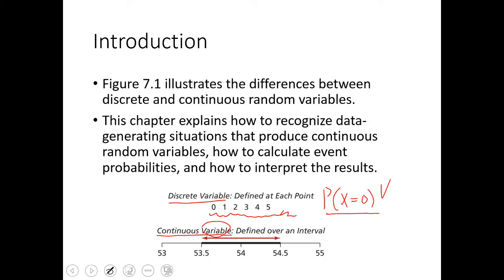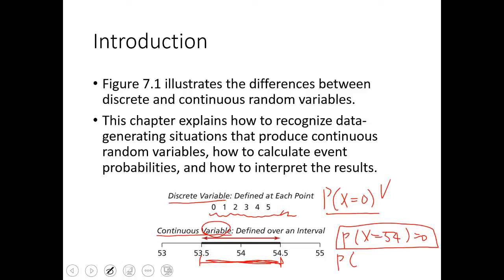But in a continuous variable, the probability that x is the same as 54 is always 0, so it is not interesting. But the probability that x is between an interval, say 53.5 and 54.5, has some meaningful value between 0 and 1.